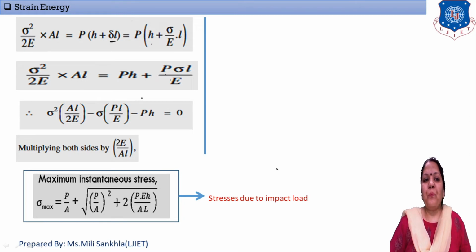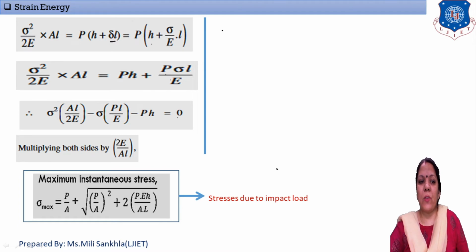Now sigma square AL by 2E, and shift this term from right to left, it is converted into minus sigma PL by E minus PH equal to 0. Now multiply both sides by 2E by AL. Here I continue this equation.